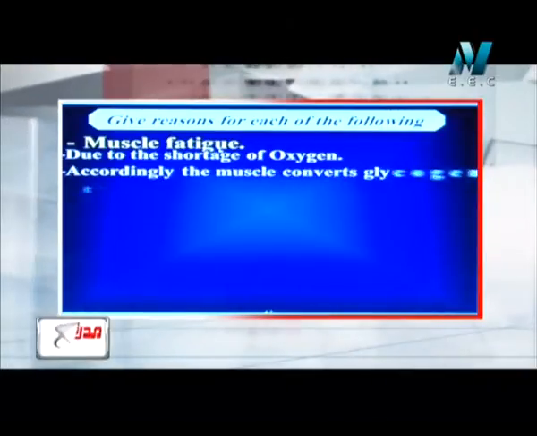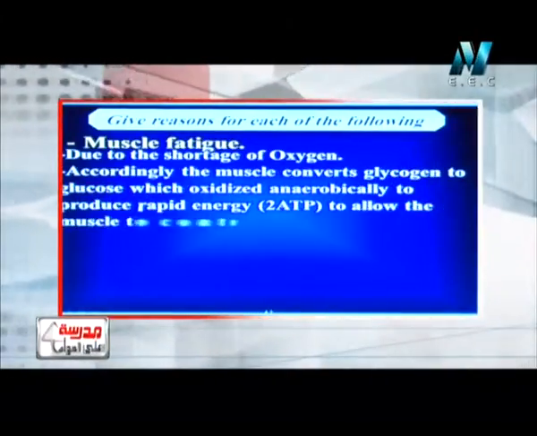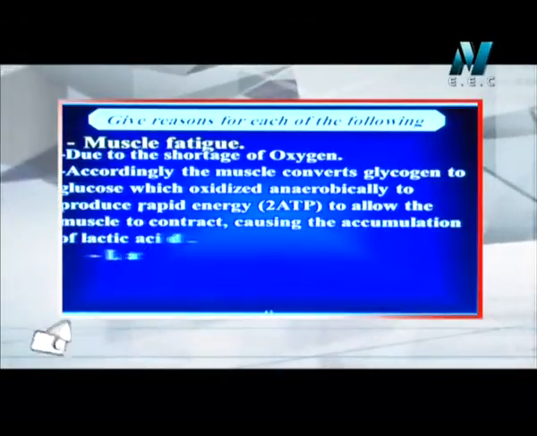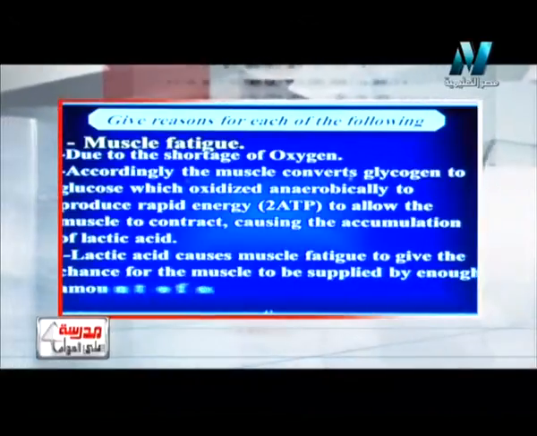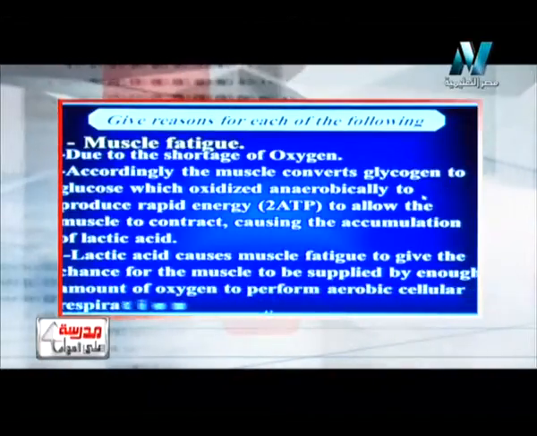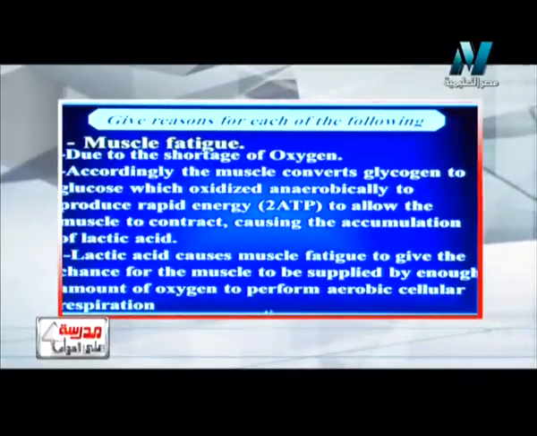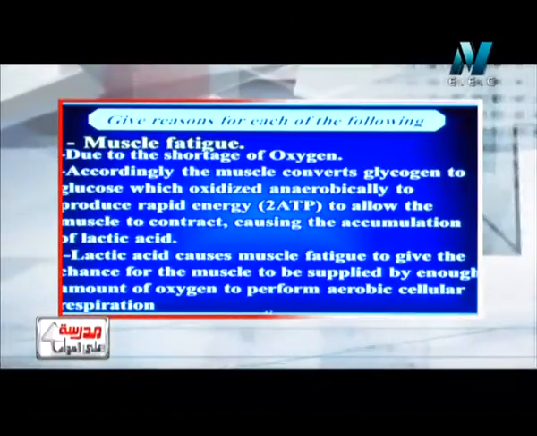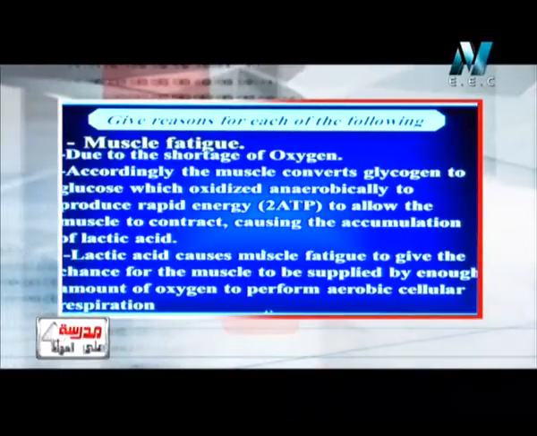But remember that muscle fatigue takes place due to the shortage of oxygen. Accordingly, the muscle converts glycogen into glucose, which is oxidized anaerobically, meaning in the absence of oxygen, to produce a rapid amount of ATP, 2 molecules of ATP only, to allow the muscle to contract, causing the accumulation of lactic acid.